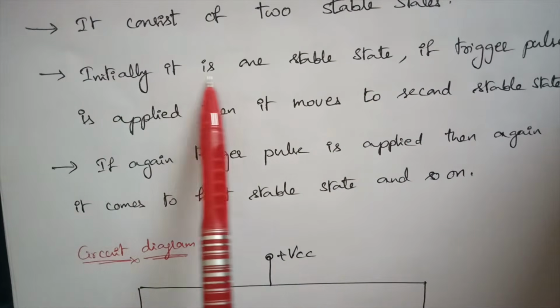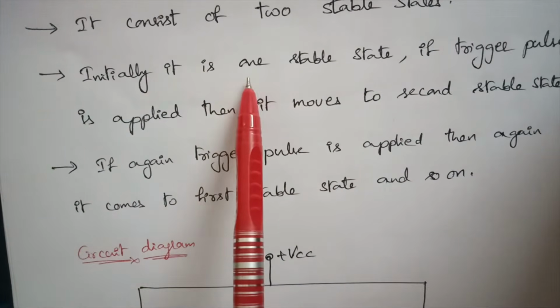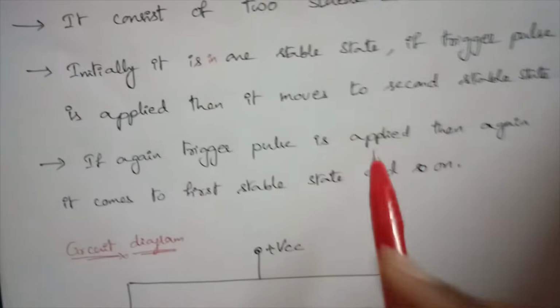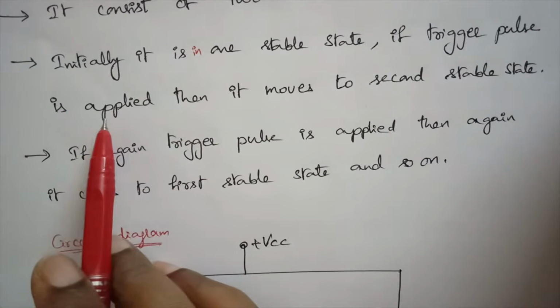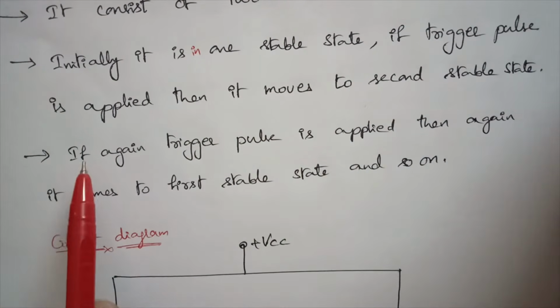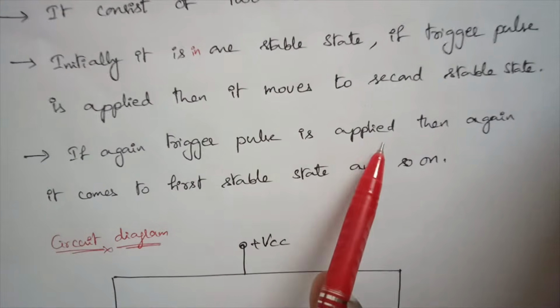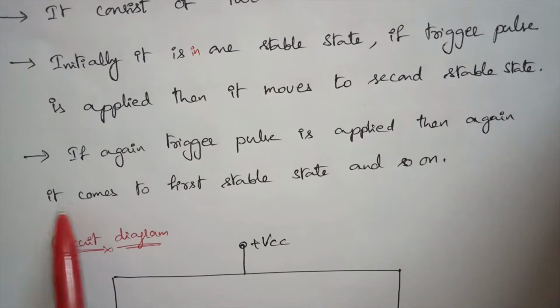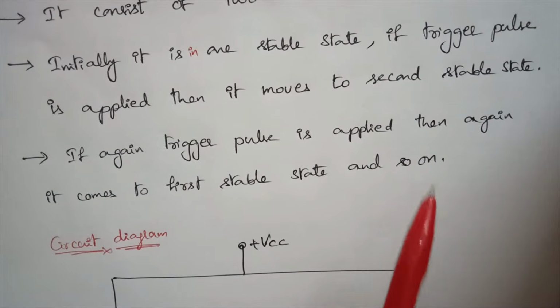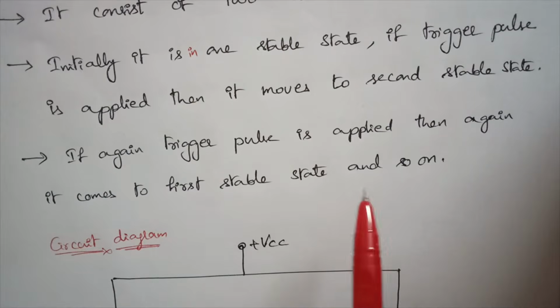Initially it is in one stable state. If a trigger pulse is applied, then it moves to the second stable state. If a trigger pulse is applied again, it comes back to the first stable state, and so on. So whenever we apply a trigger pulse, it moves from one stable state to another stable state.